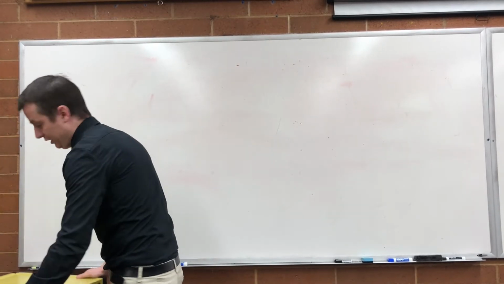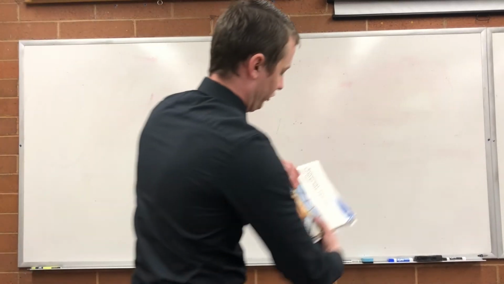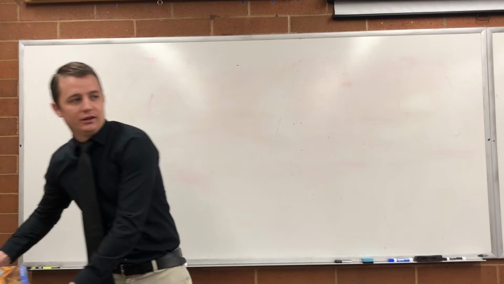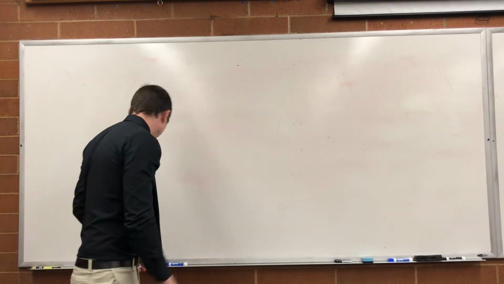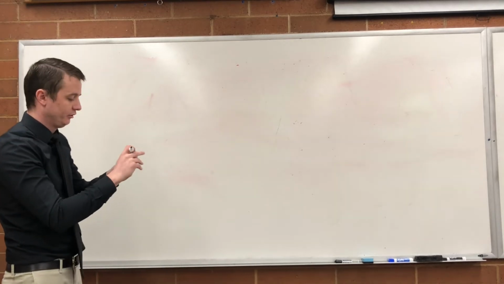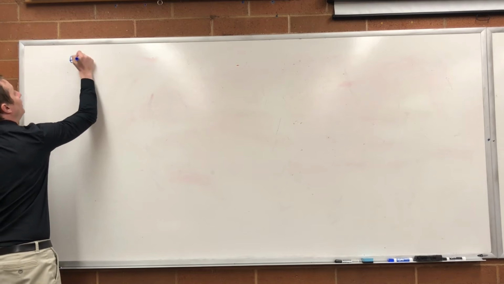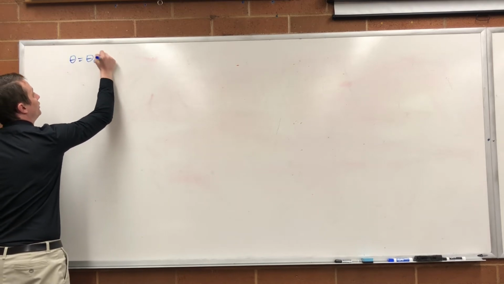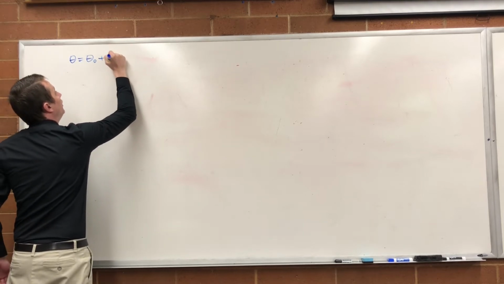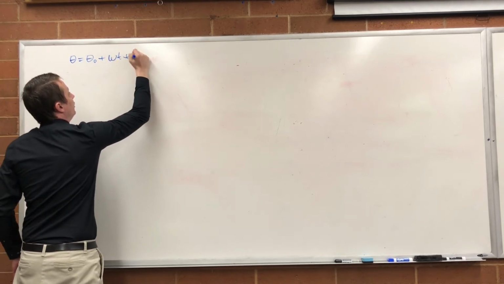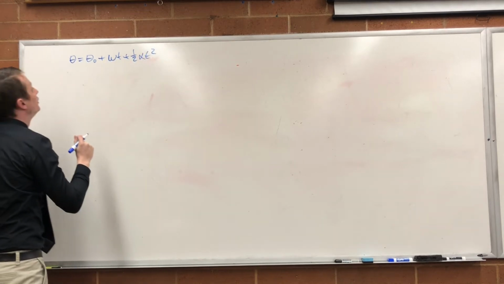Let's get going now with example problems. So we've been talking about moment of inertia, right? Well, actually, first we went over all those angular equations, which were very close to our linear kinematic equations, but angular equations. So we had theta equal to theta naught plus omega naught t plus 1/2 alpha t squared.